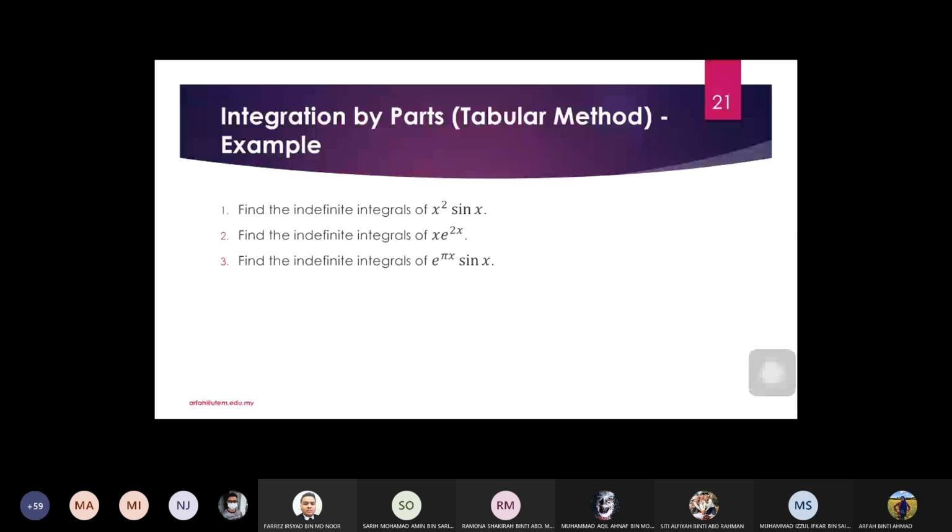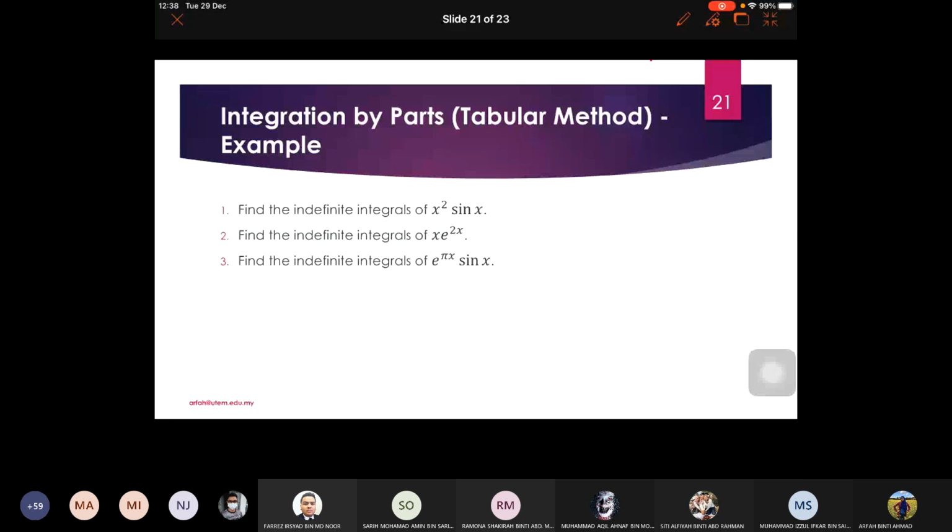Saya guna satu device je. So, if you take a look at this one, yang ini adalah exponential pula. This one is polynomial function, and this is your sine function, sine theta.